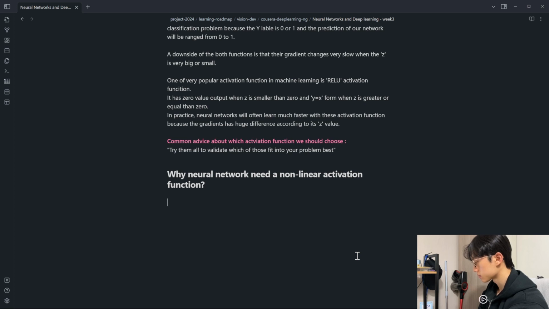It turns out if you do this, then this model is just computing y or y hat as a linear function of your input features x.